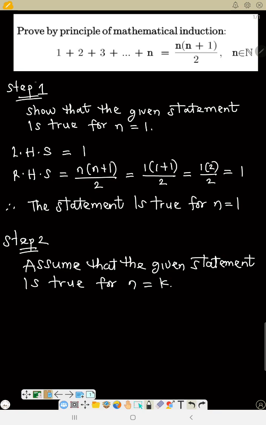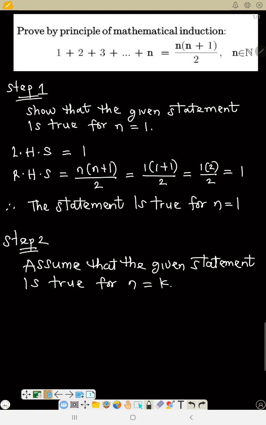So remember, all these steps are important in proving P.M.I, the principle of mathematical induction. So step 1, show that this given statement is true for n equals to 1. Step 2, assume that the given statement is true for n equals to k.